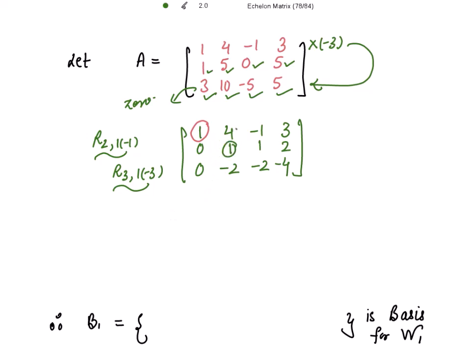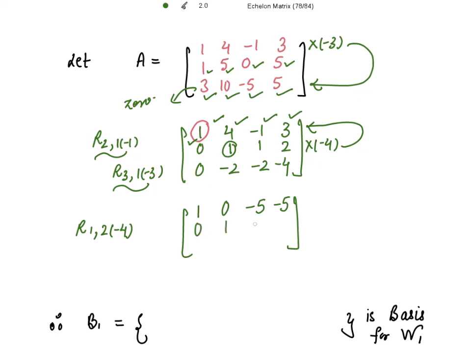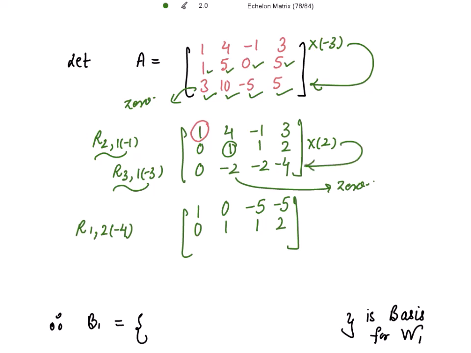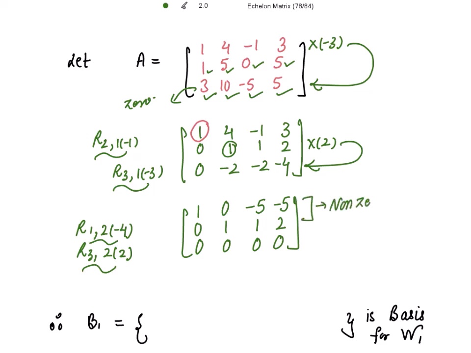To get 0 in place of 4, I multiply row 2 with -4 and add its elements to row 1, writing the second row as it is. To get 0 in place of -2, I multiply row 2 with 2 and add its elements to row 3. So this is the echelon form matrix, and the number of non-zero rows is 2. Writing the bases now.